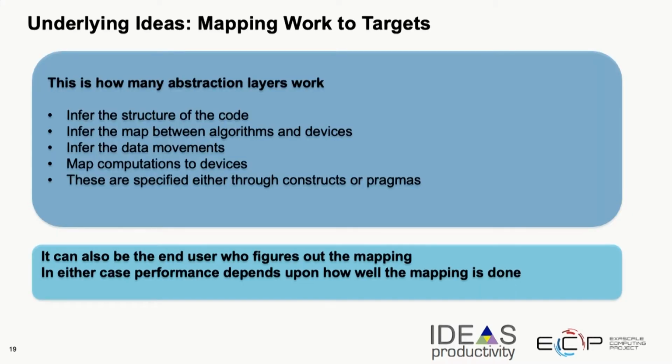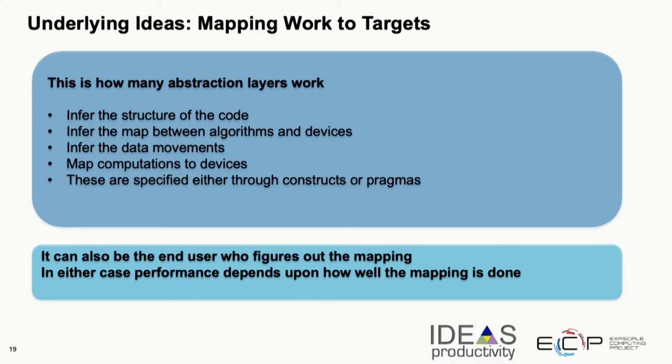So, for mapping work to targets, the basic idea is that you infer the structure of the code, then based upon the structure of the code, you infer the map between the algorithms and devices. Then you infer the data movements that need to happen in order to map that algorithm to that specific device, and then you map the computations to the devices.